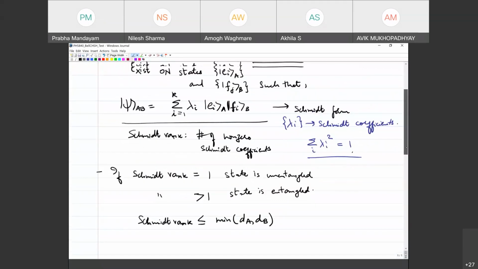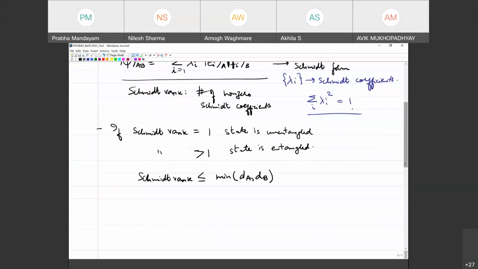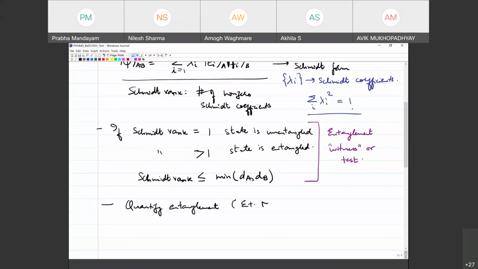And finally, we can also quantify. So this is what I would call an entanglement witness or a test. And you can also then quantify entanglement, which means you can say this state is more entangled and that state is less entangled. So this is often called an entanglement measure, right?